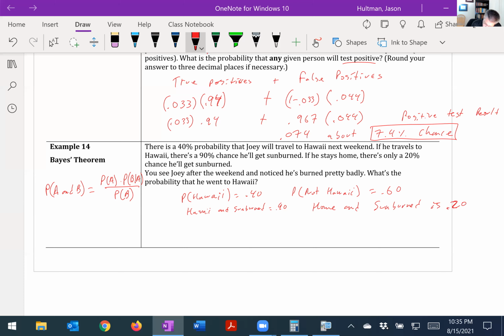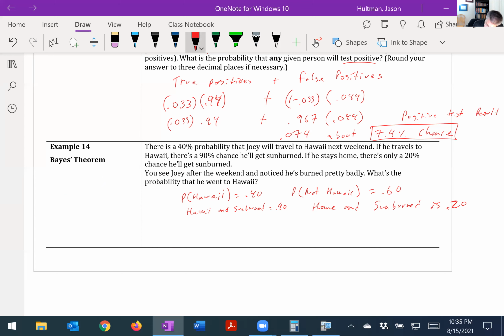You see Joey after the weekend, and notice he's burned pretty badly, so he got sunburned. What's the probability that he went to Hawaii? Let me get rid of the formula and just do it intuitively.